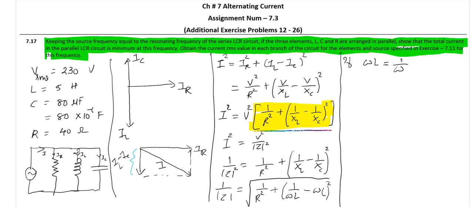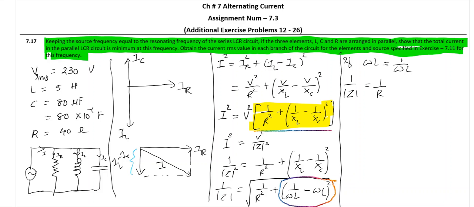In that case, if this condition is satisfied, 1 by mod Z will be reduced down to 1 by R. And so if you eliminate this term, we are losing this value if 1 by omega L is equal to omega C, or omega L is 1 by omega C, and then the overall term is reduced.